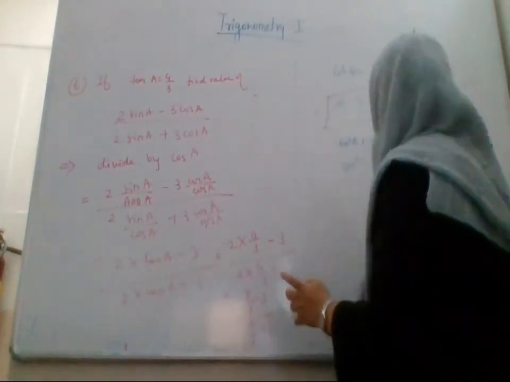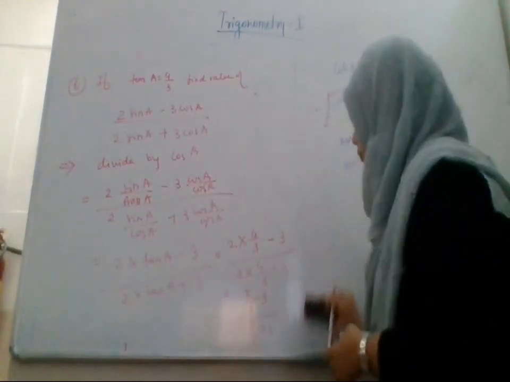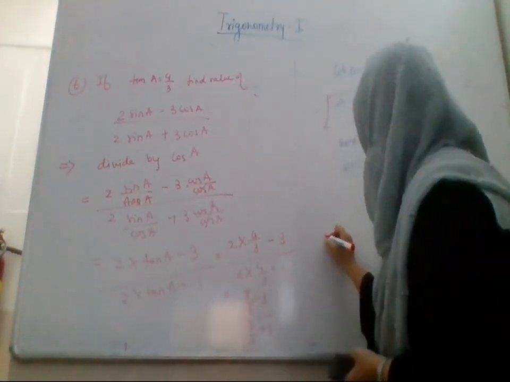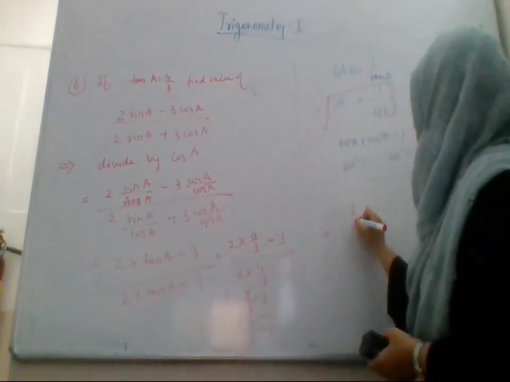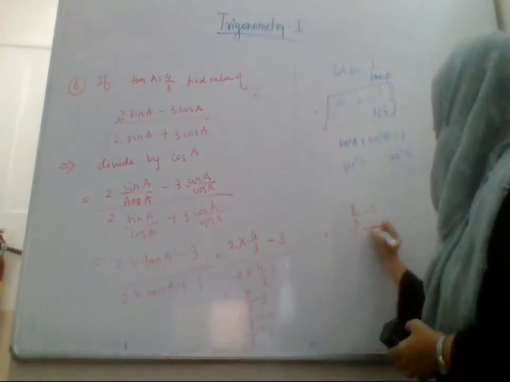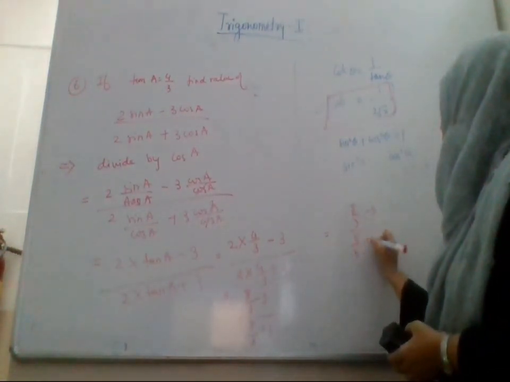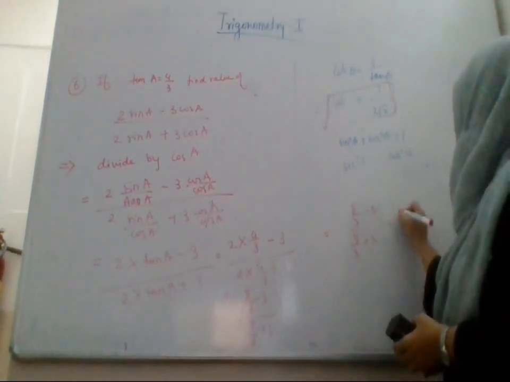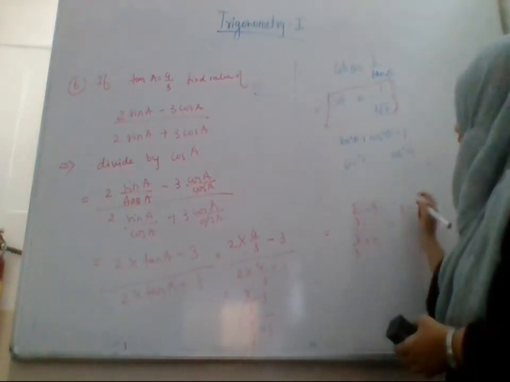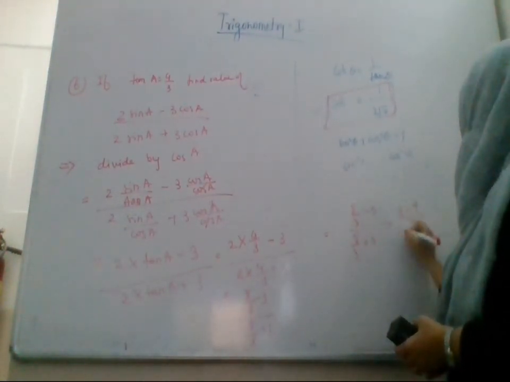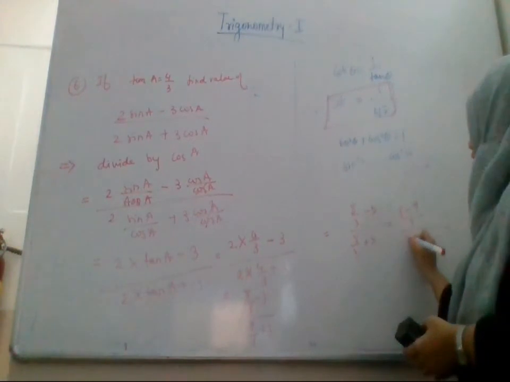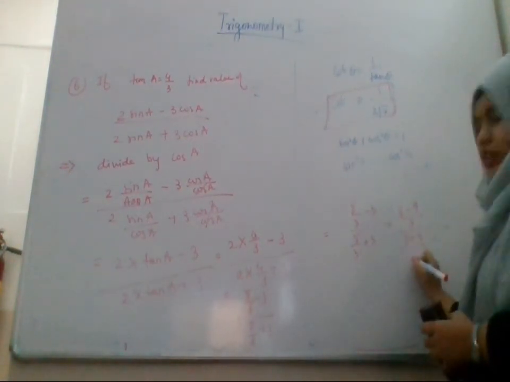Okay, so we need to take LCM or you can do cross multiplication, it's up to you. So here the expression is 8 upon 3 minus 3 divided by 8 upon 3 plus 3. That means (8 minus 9) divided by 3 and here it is (8 plus 9) divided by 3.